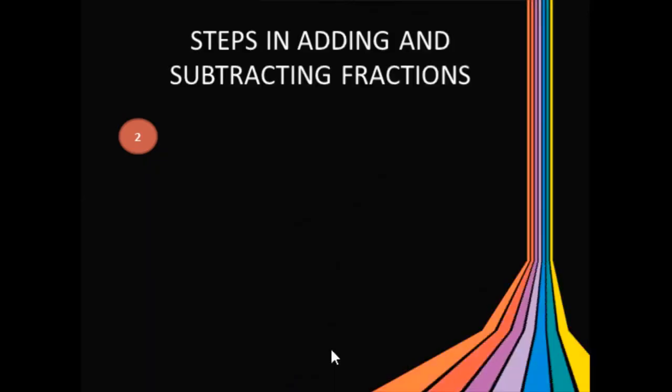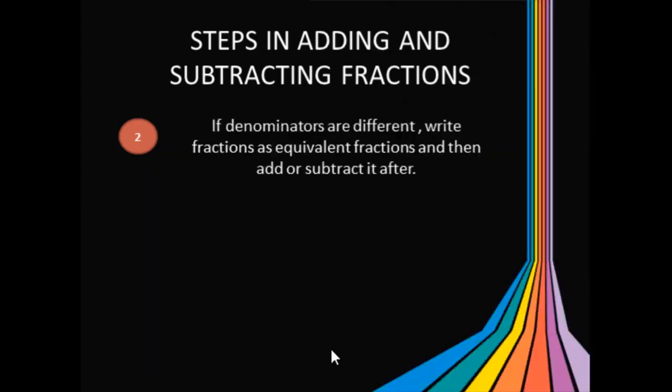It's still the same, but let's have subtraction. If denominators are different, write fractions as equivalent fractions. We have 7/8, and let's subtract now, minus 1/2. Again, 7/8 minus 1/2. Our denominators are the same or not the same?